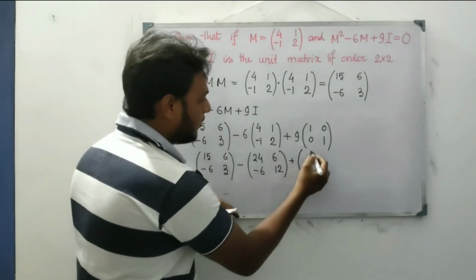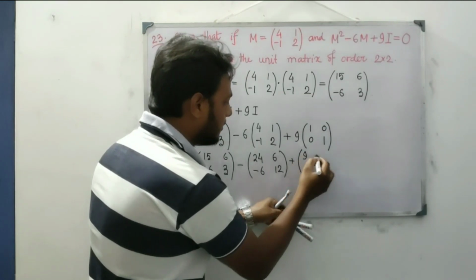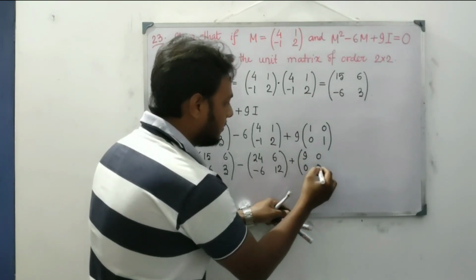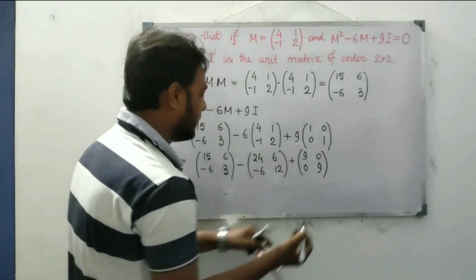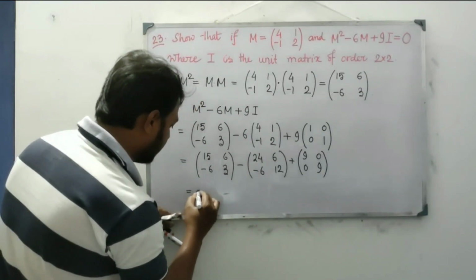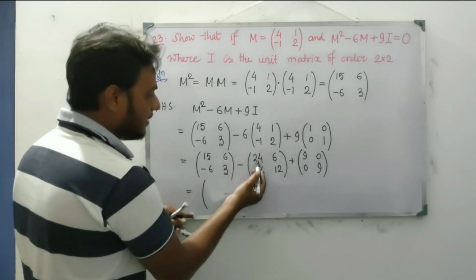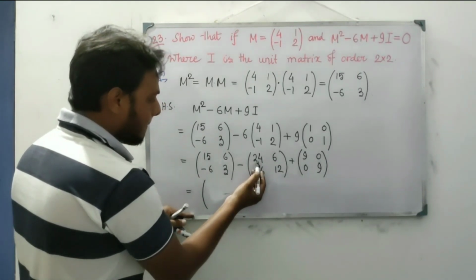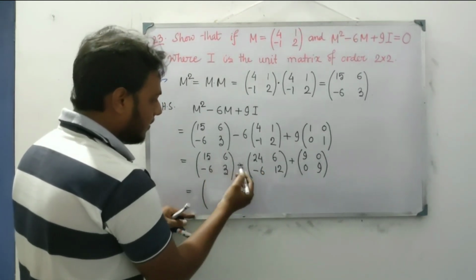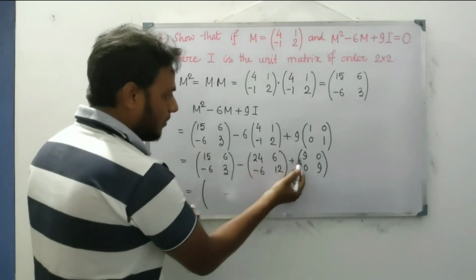Plus, for this one again the same thing, 9, 0, 0, 9. Very good. Now equals to 15 minus 24, that means minus 9, minus 9 plus 9.